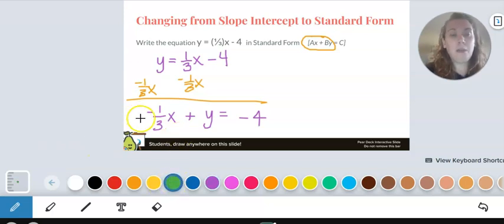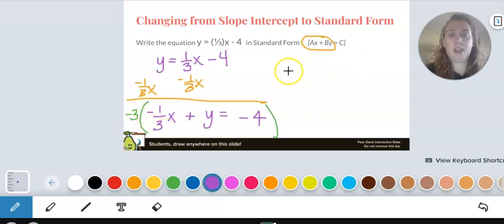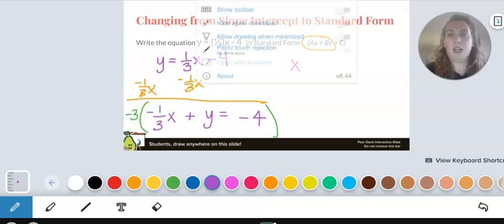But if we multiply everything by -3, we're going to get rid of this fraction and the negative sign. -3 times -1/3 just becomes 1x, right? I can show you this over to the side.